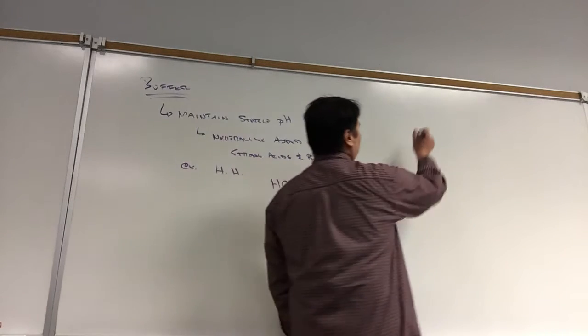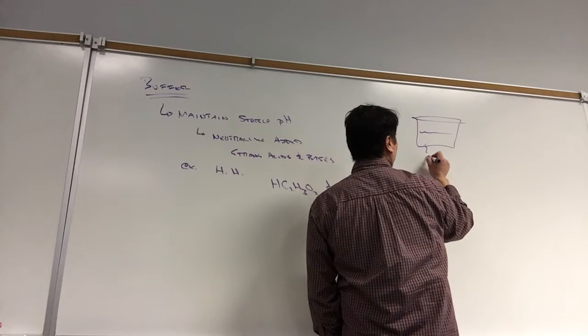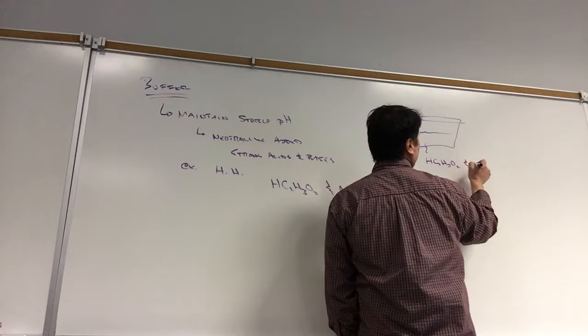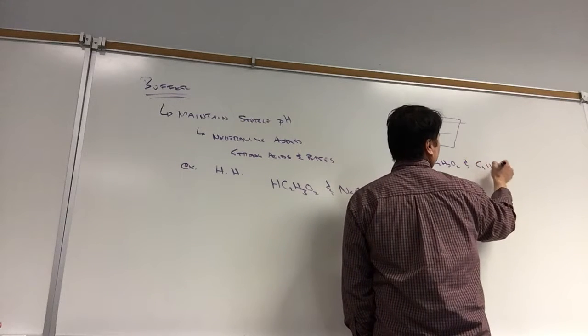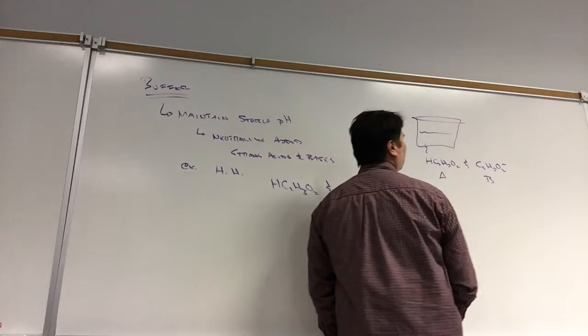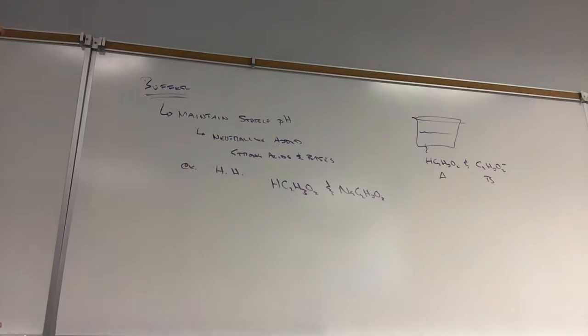And so if we have this in a beaker, we're going to have an acetic acid acetate solution, which is going to be stable. And so here's our acid, here's our base. It's an acid and a base in the same mixture.